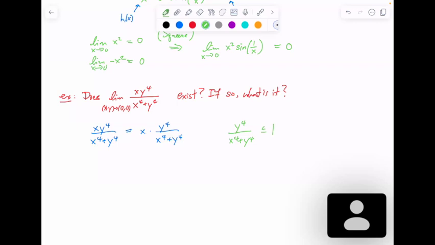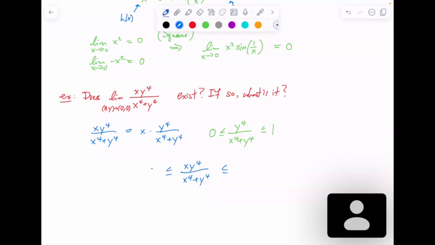And could this ever be negative? This could never be negative, unless y is 0, and that's when it's 0. So it's greater than or equal to 0. So what could I squeeze this quantity by here? I have my function, x y to the fourth over x to the fourth plus y to the fourth. What could I squeeze by on the left and right of this?